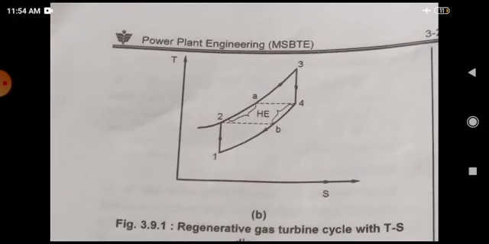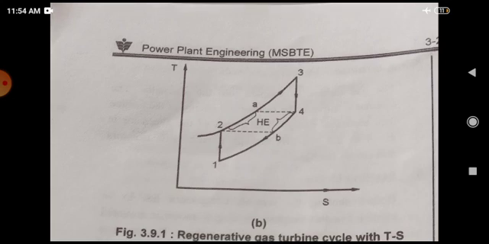Here is the TS diagram. 1 to 2 is the process in which temperature is added, that means fuel is injected. Then 2 to 3 is the process of fuel injection and heat addition. 3 to 4 is the turbine output.